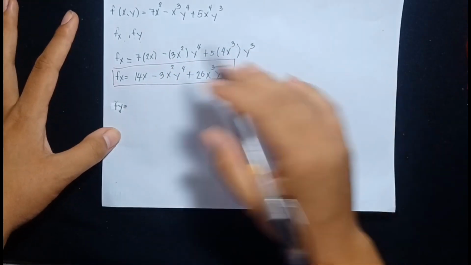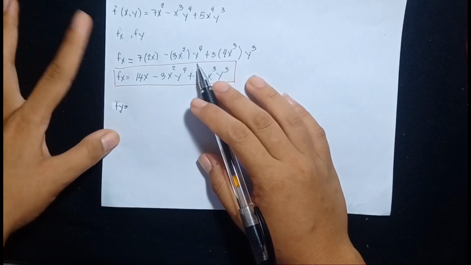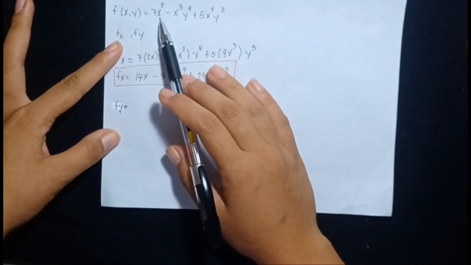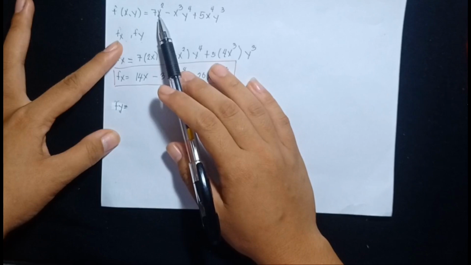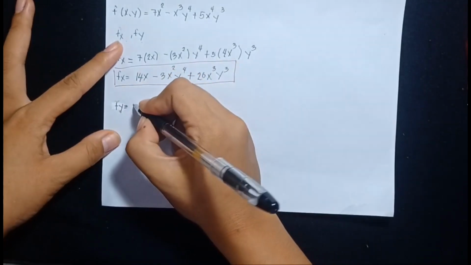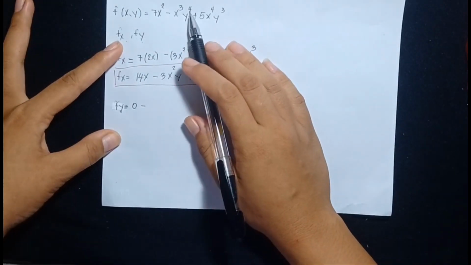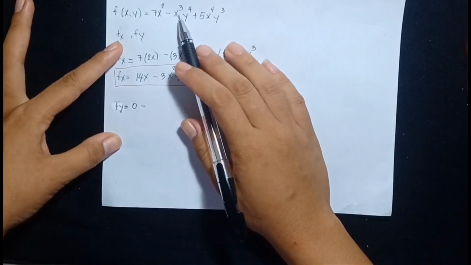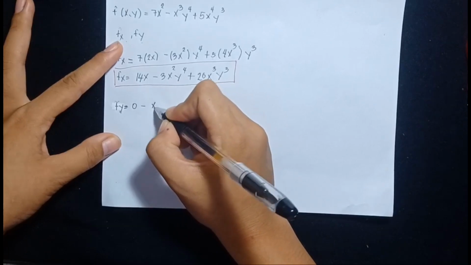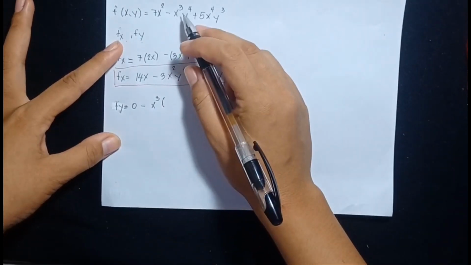So we will make the x the constant and the y the independent variable. The derivative of 7x squared, as I've said that x is a constant, also 7 is a constant, would become 0, minus the derivative of x cubed y to the fourth. It would be the x cubed multiplied by the derivative of y to the fourth.